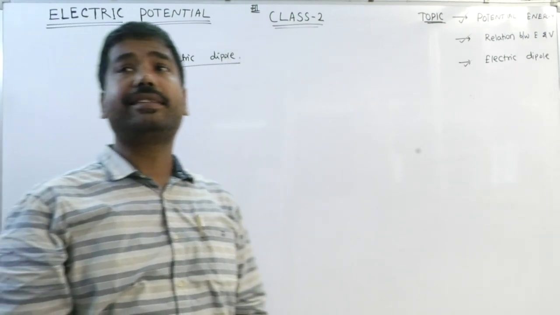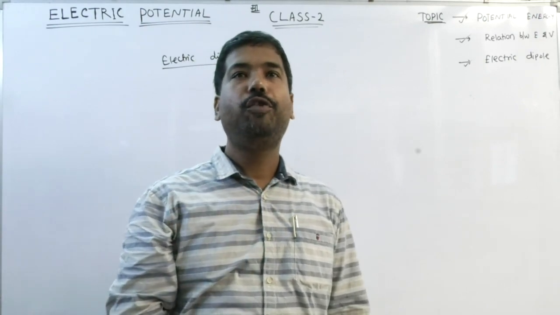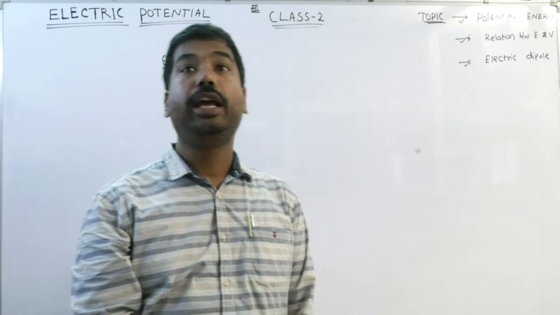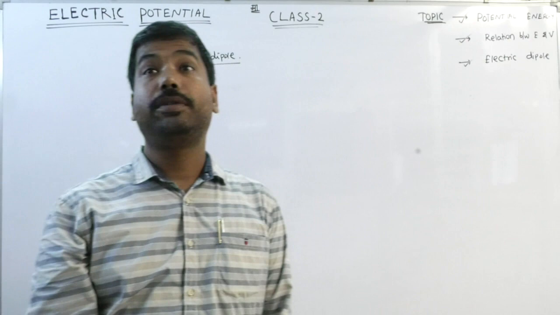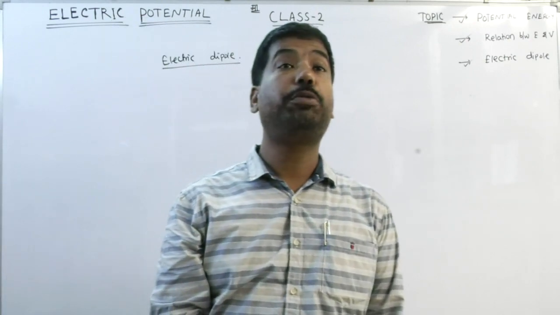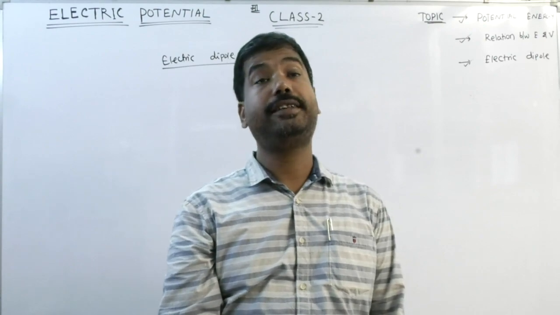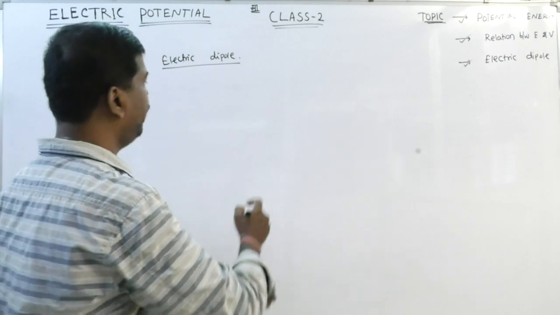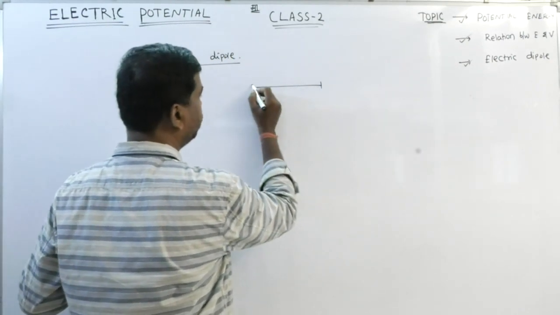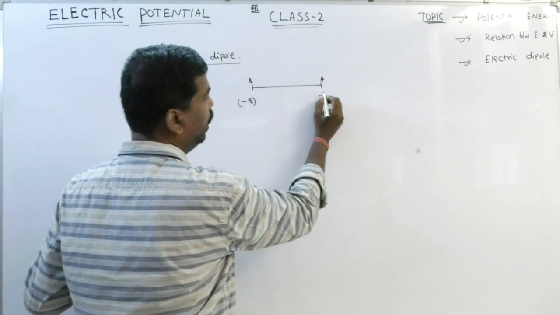In electric field class number 3, we have discussed what an electric dipole is. An electric dipole consists of two equal and opposite charges separated by a small distance. Let AB be an electric dipole, with A and B having charges minus q and plus q.